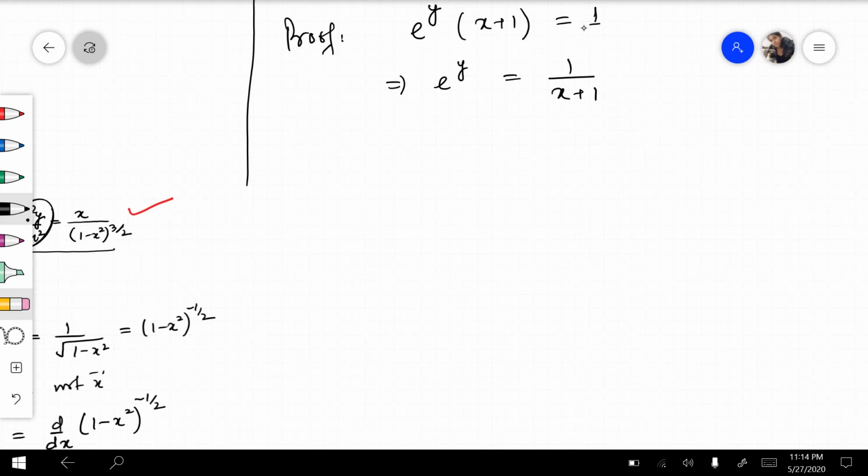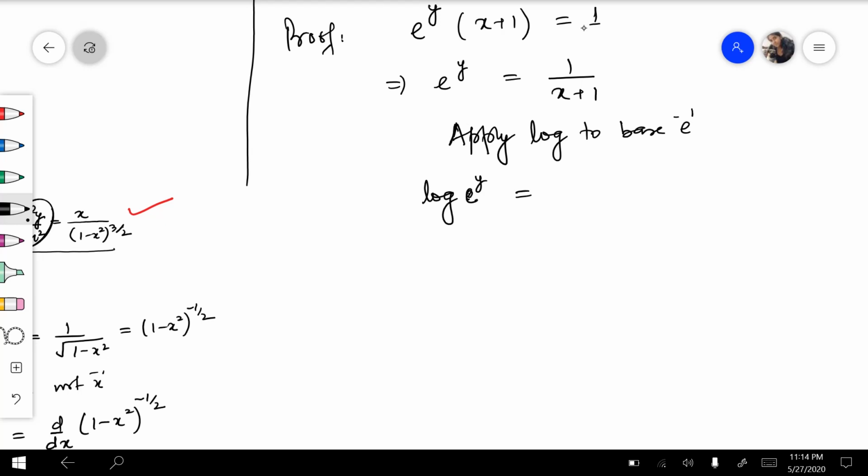Apply log to the base e, then it is log of e raised to power y is equal to log of x plus 1 raised to power minus 1, because we can write this as x plus 1 raised to power minus 1.